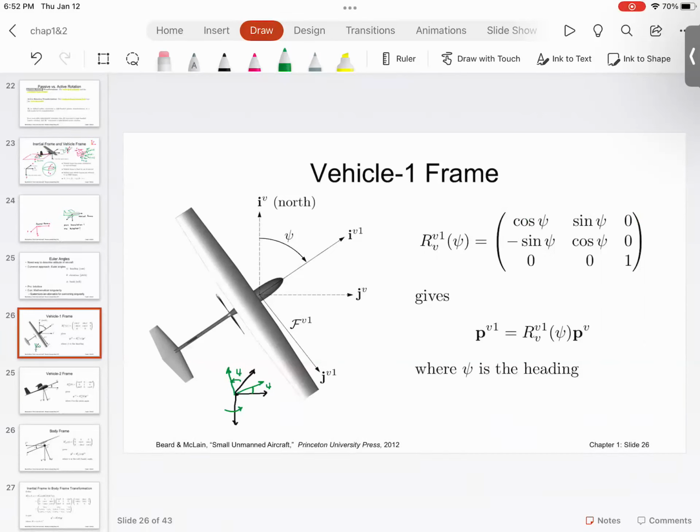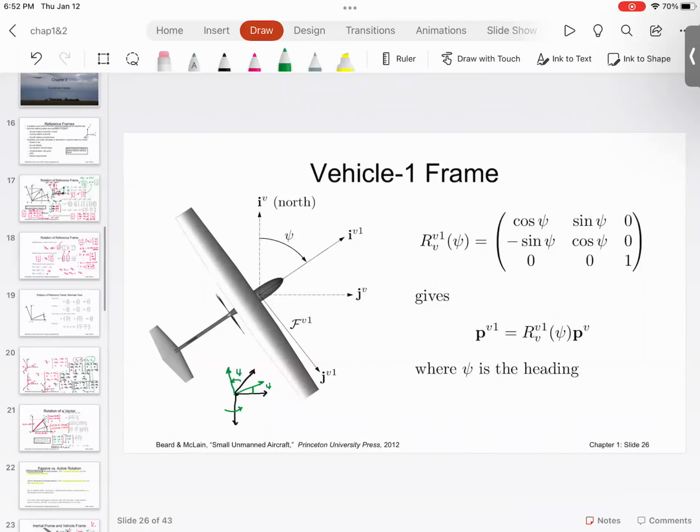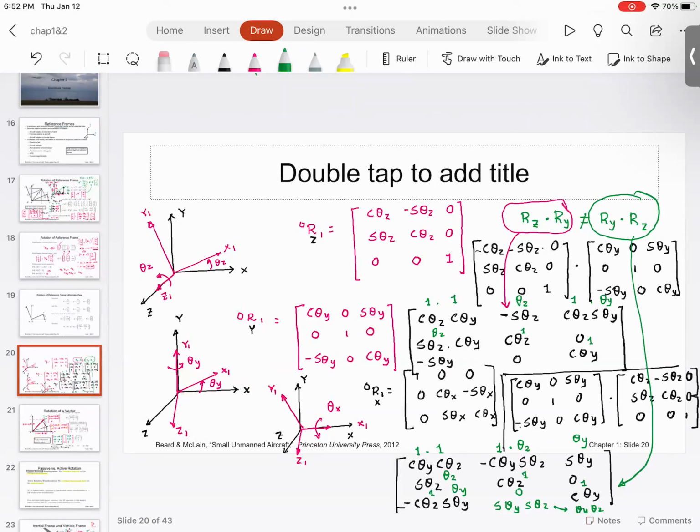So if I were to write my rotation matrix using the sign convention that we used in Robotics 1, or as a matter of fact, the rotation matrix which I just derived, this is old and this is new. So old is going to be the vehicle frame and new is going to be the vehicle-one frame.